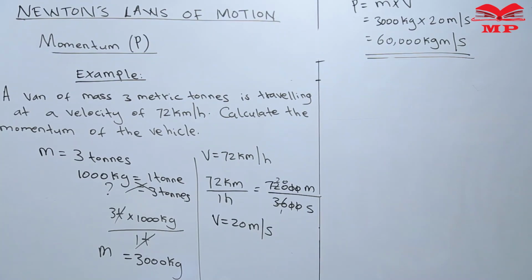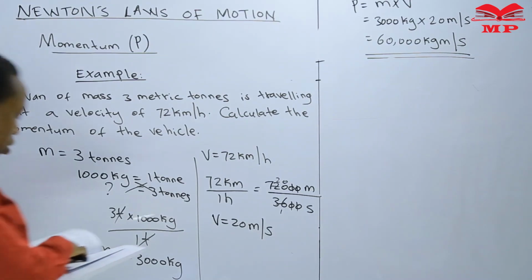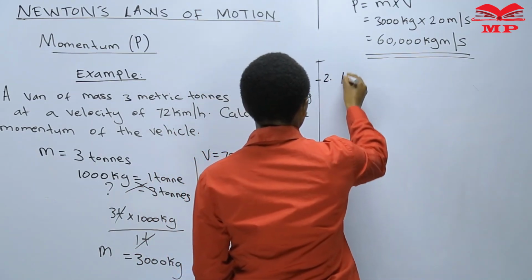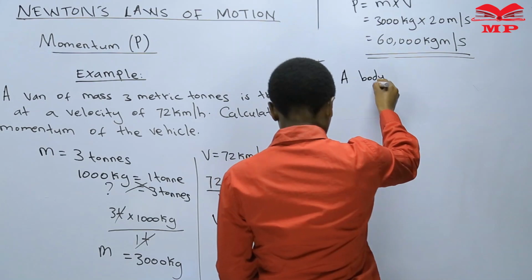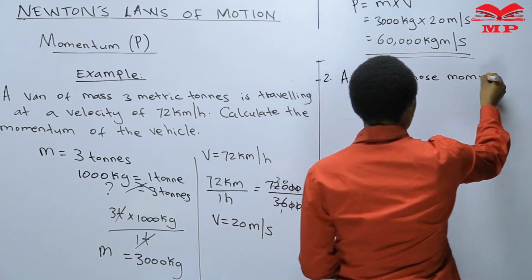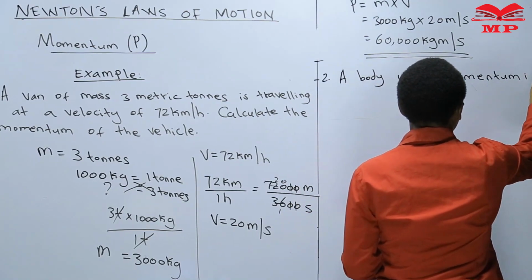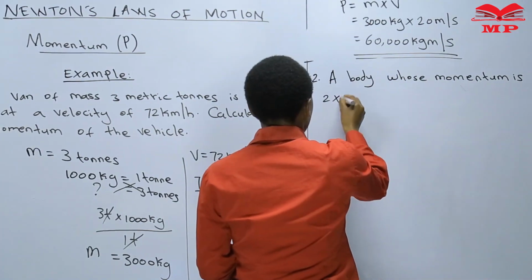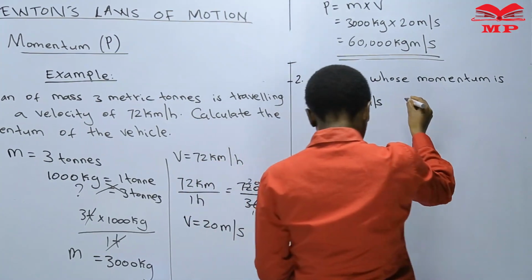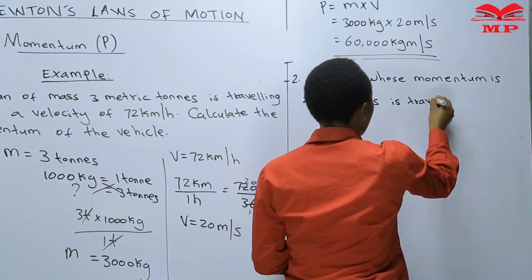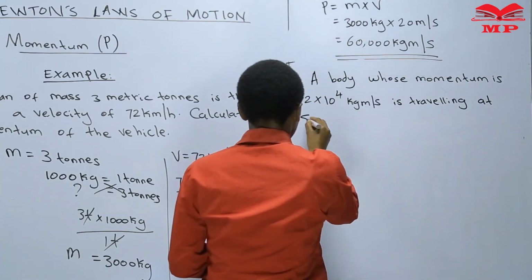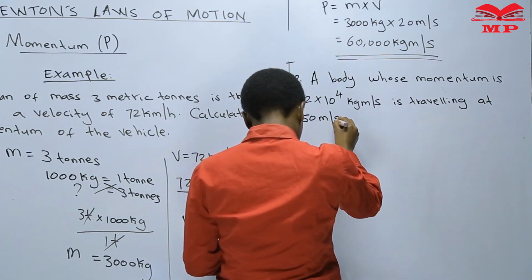Let's look at another example, example 2, again on the calculation of momentum. We have a body whose momentum is 2 times 10 power 4 kilogram meters per second, traveling at 50 meters per second.